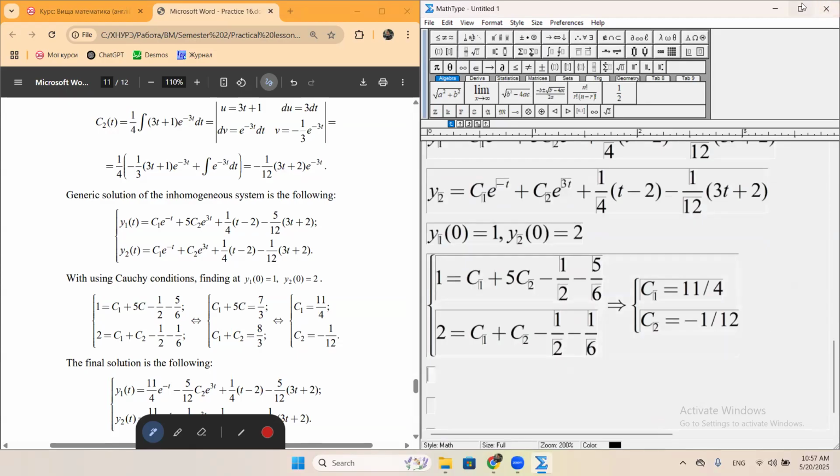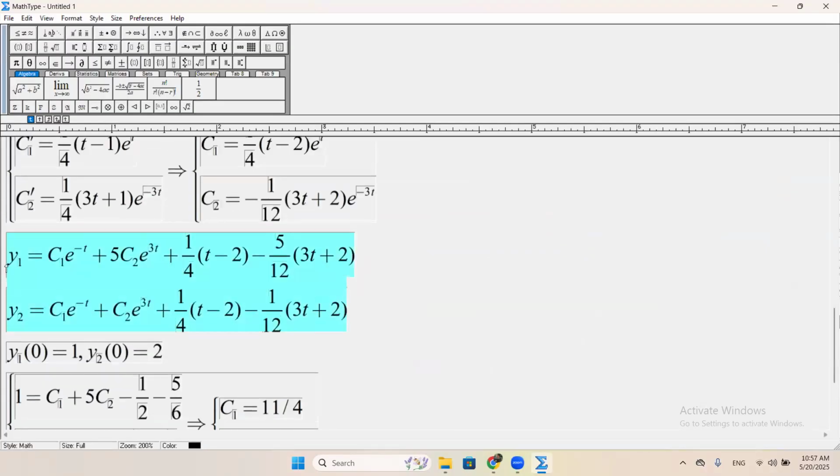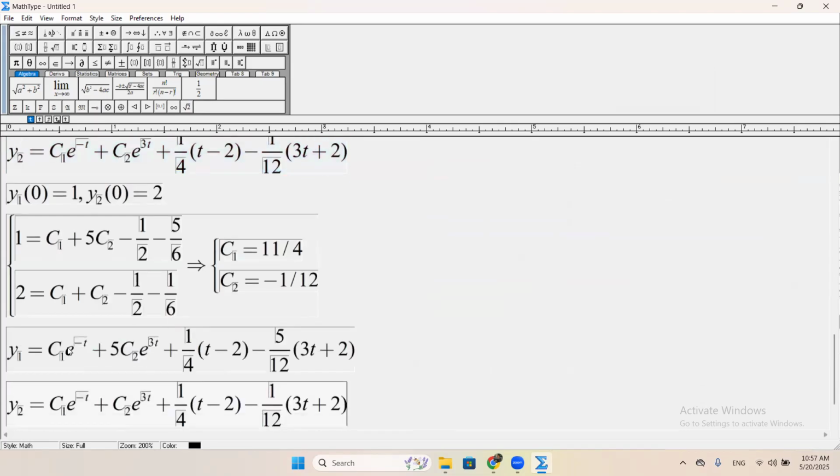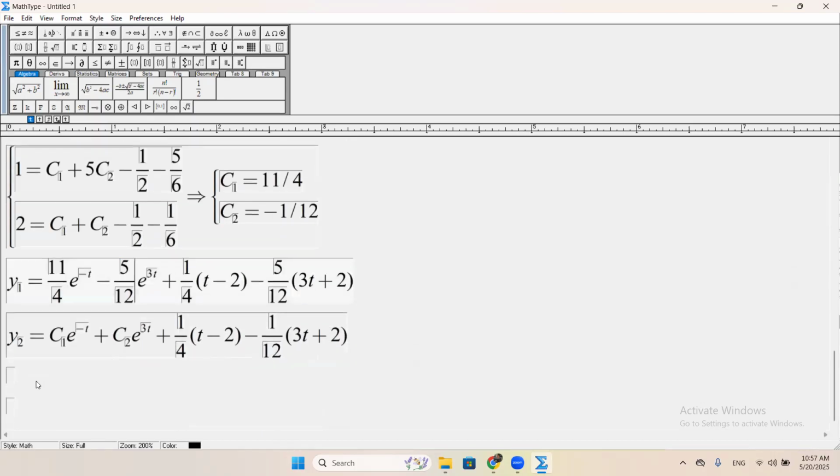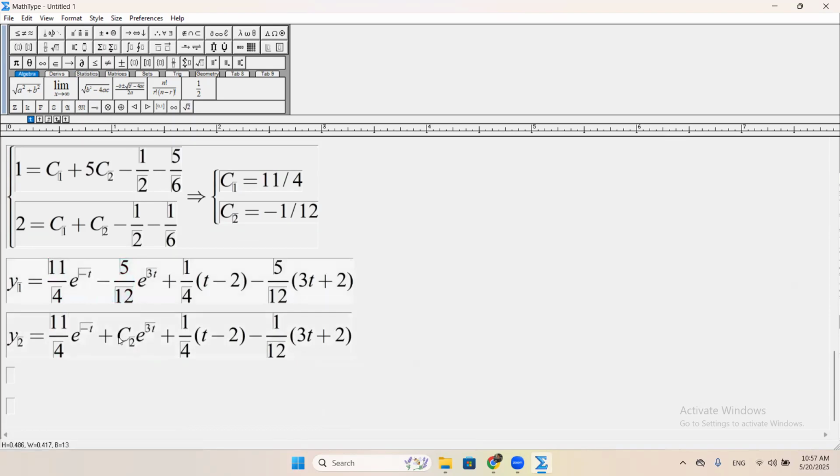So the final solution, the solution of the Cauchy problem, is the following. 11/4 minus 5/12 times e to the power of 3t. And for this part, here will be minus 1/12. And this is the solution of the Cauchy problem.